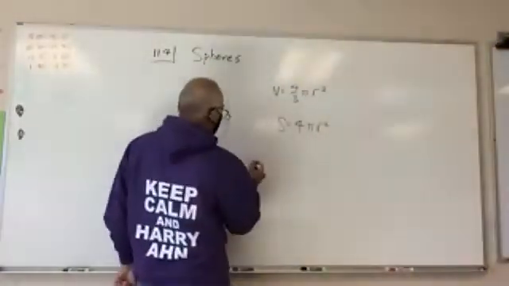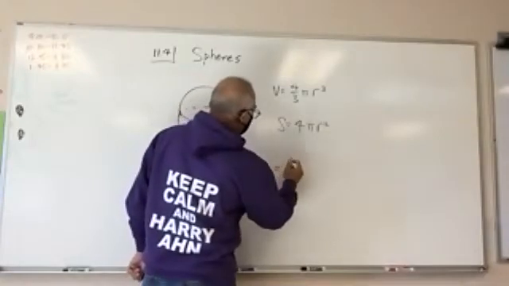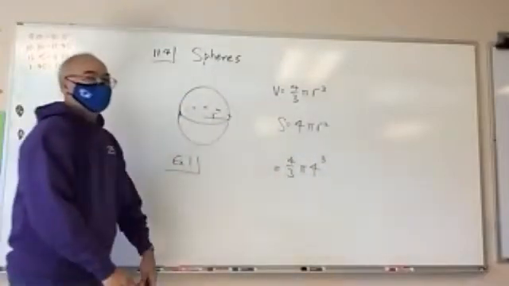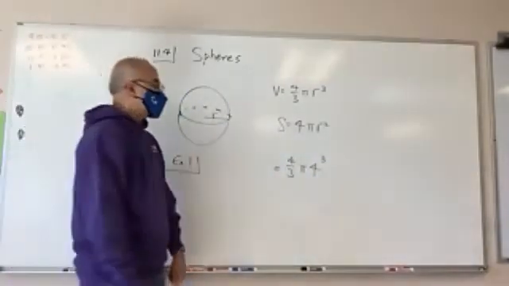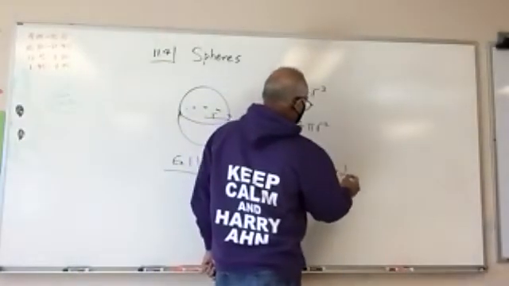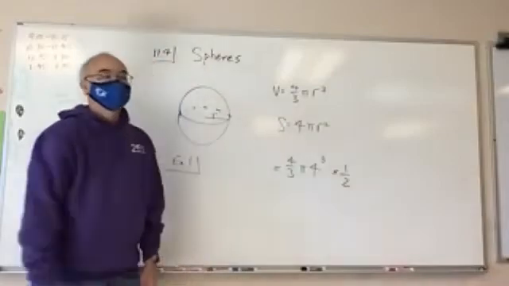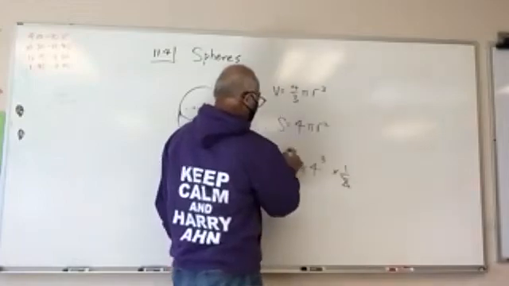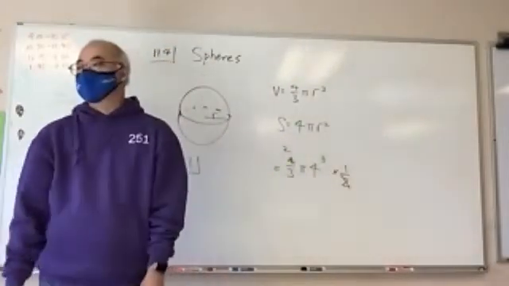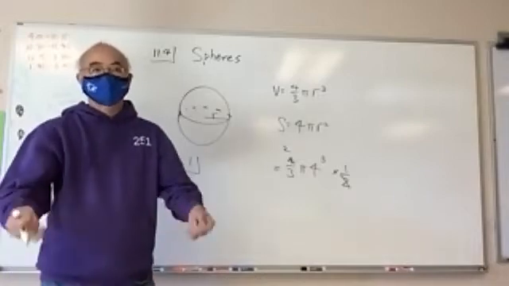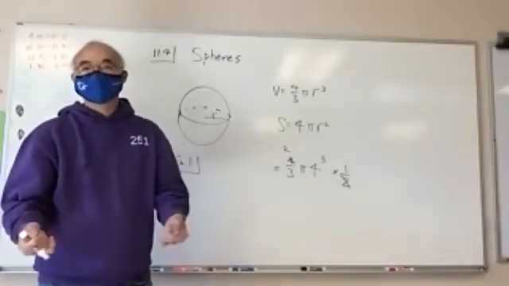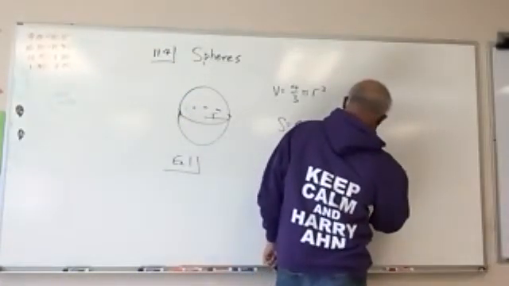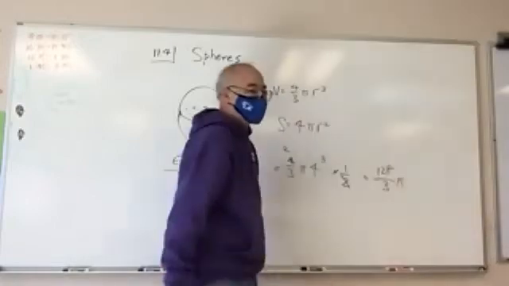The volume of a full sphere would have been this, but it's a hemisphere, so you'd have to do half of that. 4 cubed is, anybody? 16 times 4, what is it? 64. 64 times 2 is 128 divided by 3, times pi. That would be your answer.